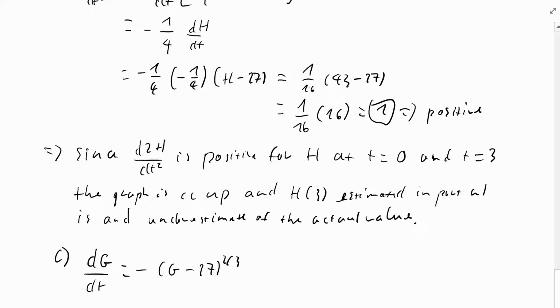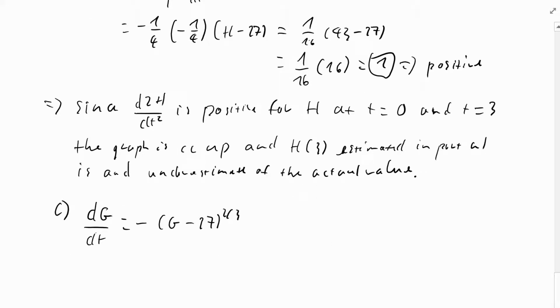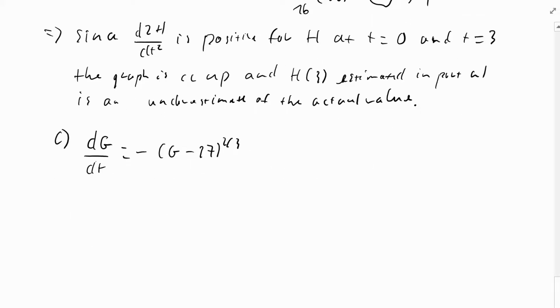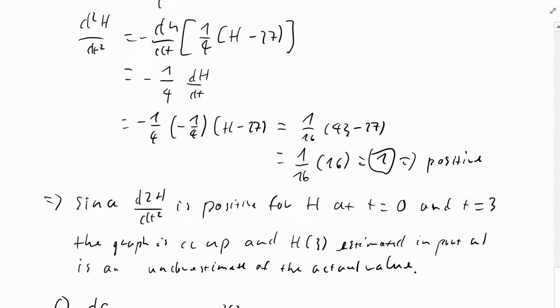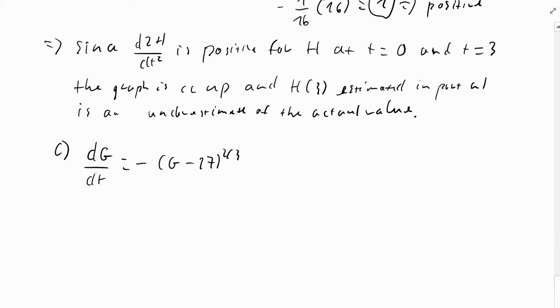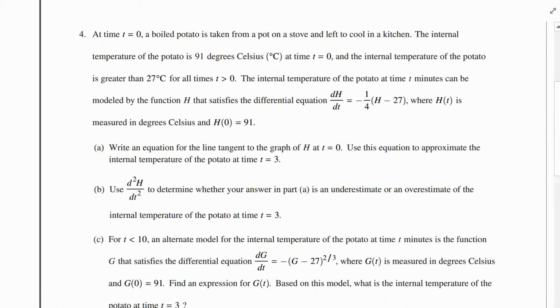So I could say that since the second derivative is positive for h at t equals 0 and t equals 3, the graph is concave up, and h of 3 estimated in part A is an underestimate of the actual value. If you do all of this, you get 4 points for part B.